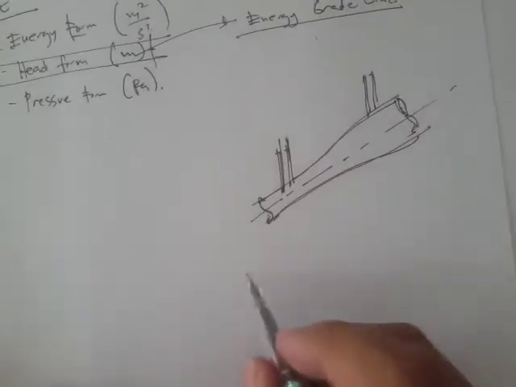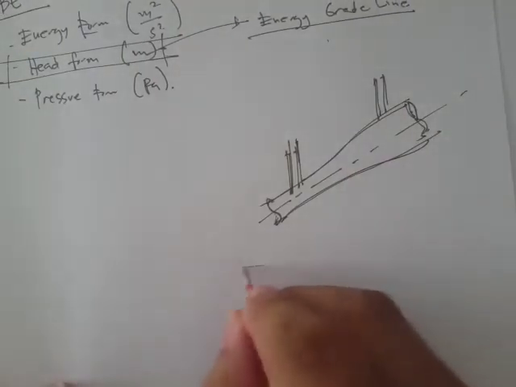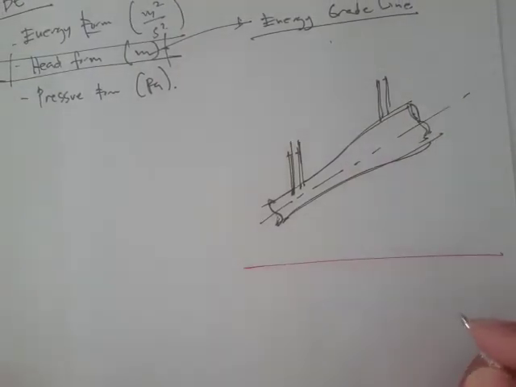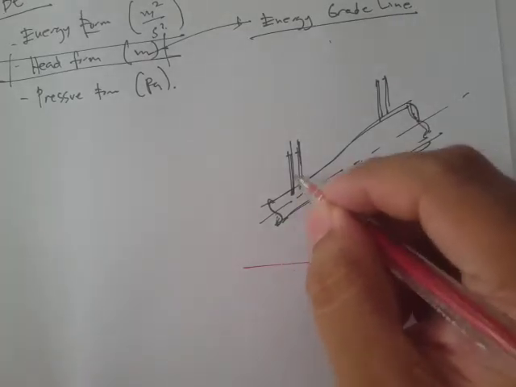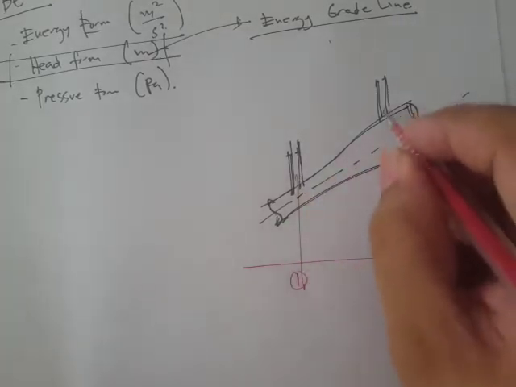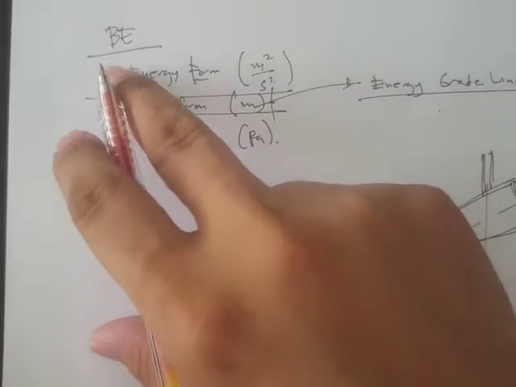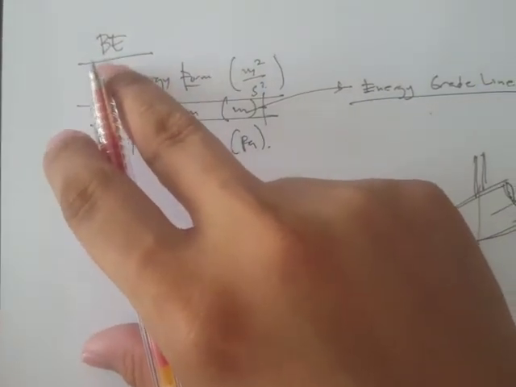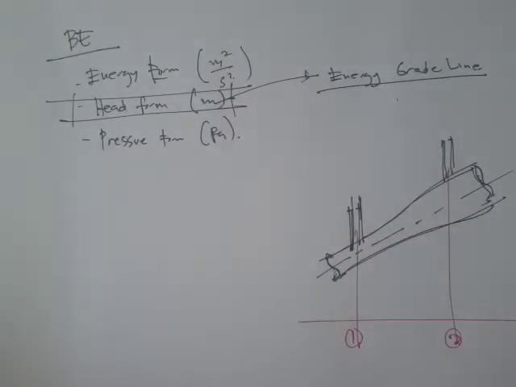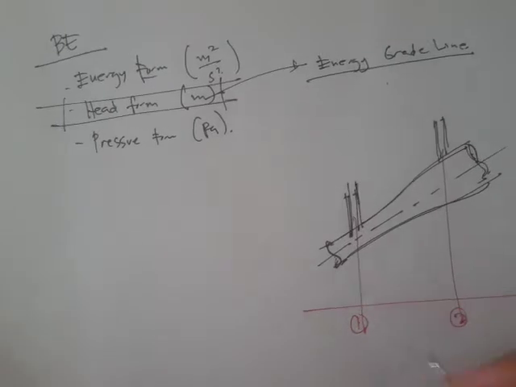At some reference point, let's say this is our arbitrary datum. If this is our point 1, this will be our point 2. Recall that Bernoulli's equation says that the total energy is just constant, or it's just the same.